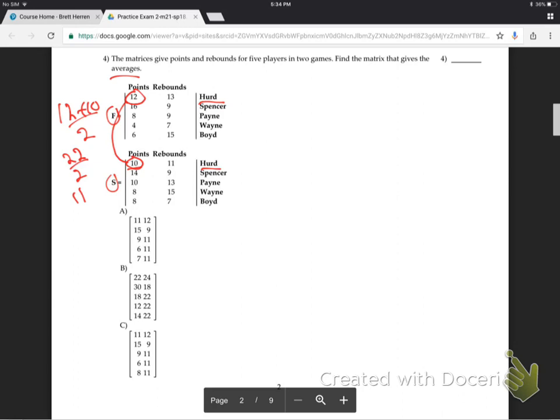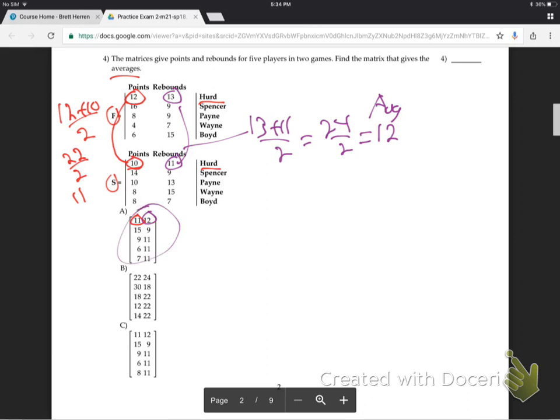That's right in the middle of 12 and 10. And that's what they have right here. So it's looking good. How about rebounds? 13 and 11. 13 plus 11 divided by 2. 24 over 2. 12 is the average. It's right in the middle of 11 and 13. Yeah, that's looking good. If you keep checking, A is the answer there. It is the averages for those things. So let's move on.